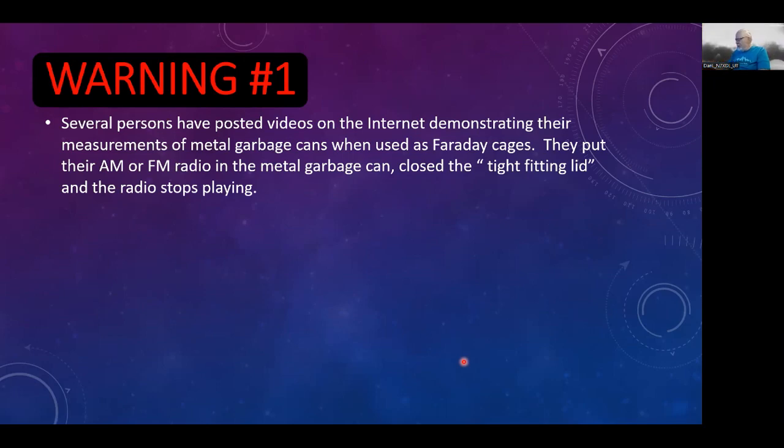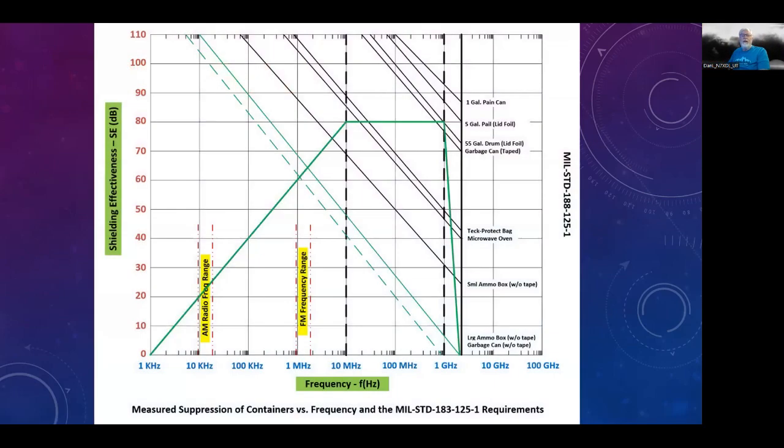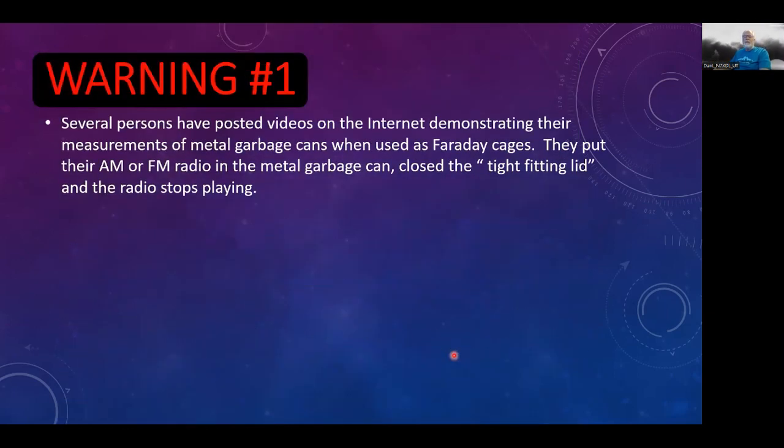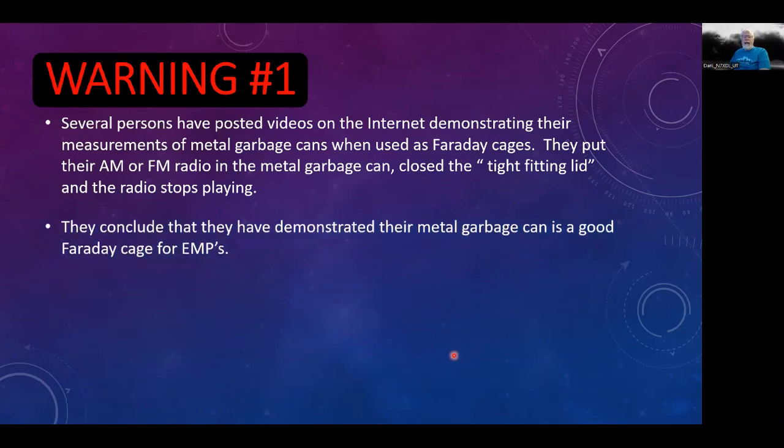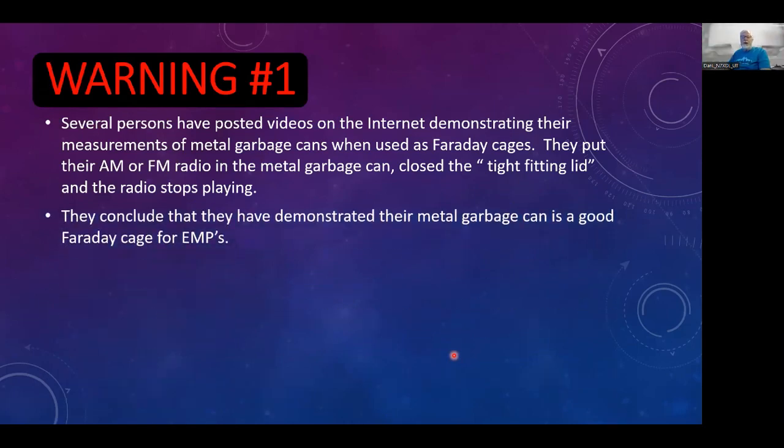But what are they doing? Let me go back up to this here. They are dealing with frequencies that are just a very small range of the entire EMP frequency range. So that's the warning. They conclude that they've demonstrated that their metal garbage can is a good Faraday cage for EMPs.